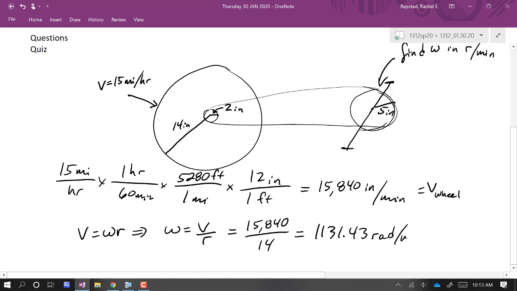radians per minute. Okay. The angular velocity that we just found of the wheel has to be the same as the angular velocity of this gear in the wheel. So I know omega for this, which means I could find V. I could find the linear velocity for that little wheel. And that's good, because the linear velocity for the wheel is the linear velocity for the chain, and it's got to be the same as the linear velocity for the pedal gear.